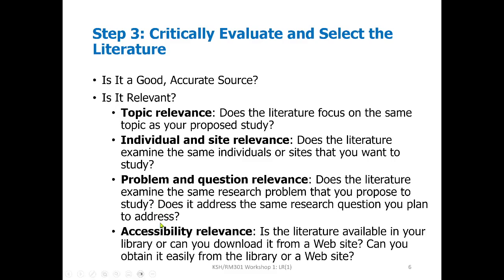But it fails to satisfy the last criterion, accessibility relevance. That is, we cannot download it from the website. We cannot find it in the library. So we cannot have it, so we can't read it, right? So that's all for step 3.